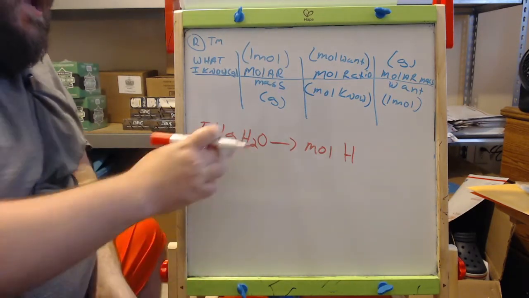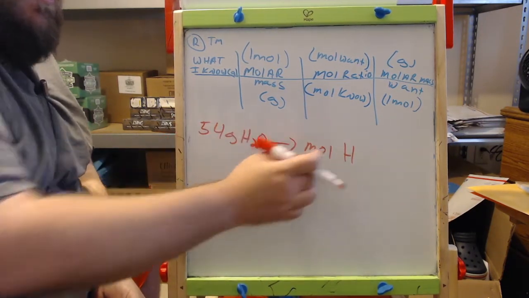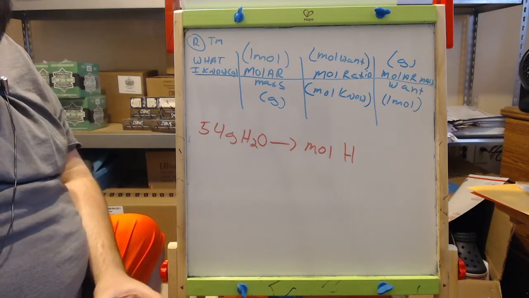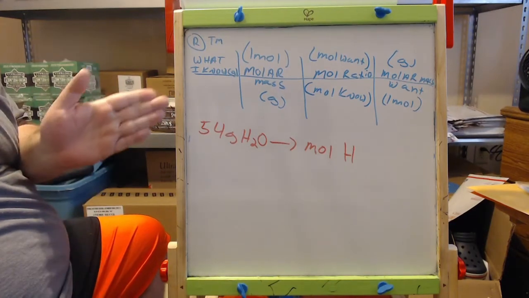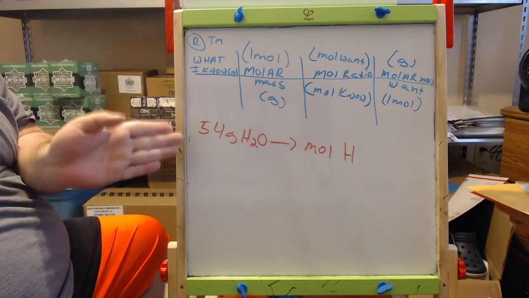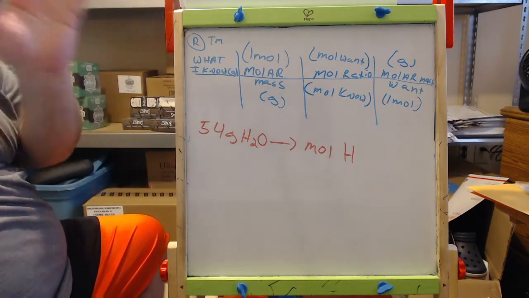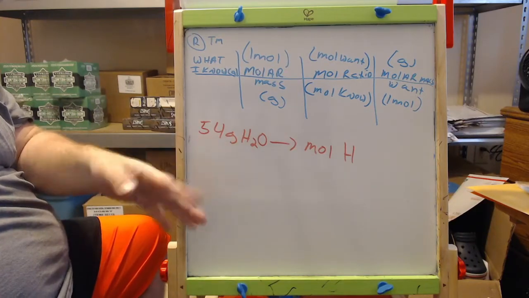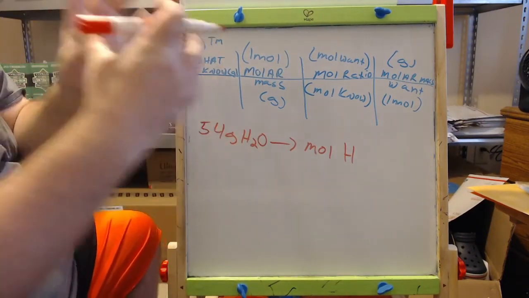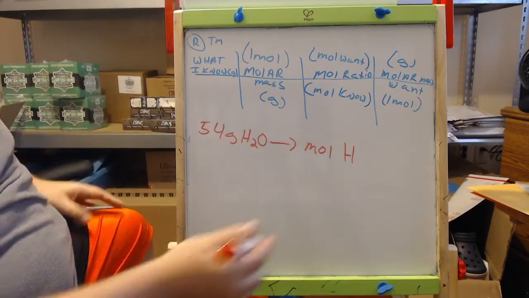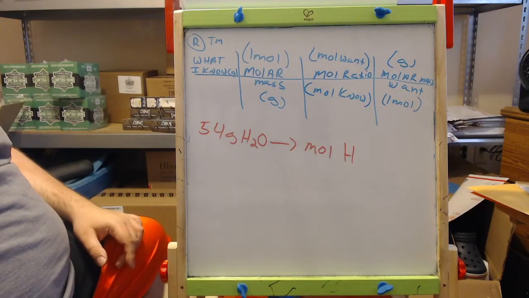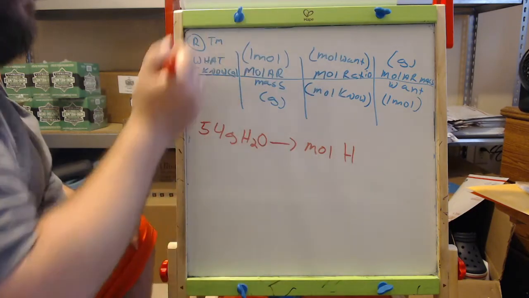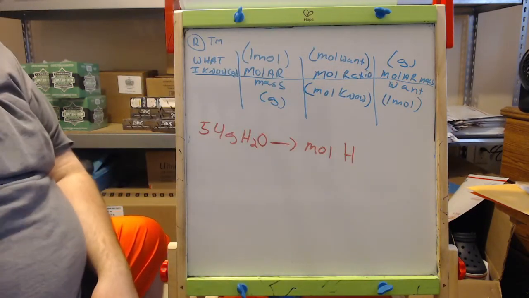I can't compare grams of something to moles of something else. So when in doubt, if they ask me grams and they want to know moles of something or grams of something else, I have to at least know to convert this to moles, because that is my junction. That is the way I'm going to connect everything. Everything runs through the mole. Okay? Everything runs through the mole.